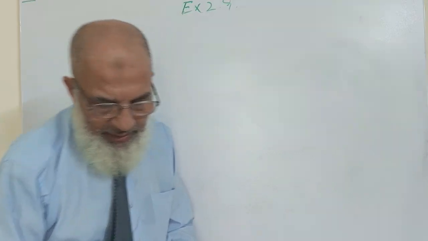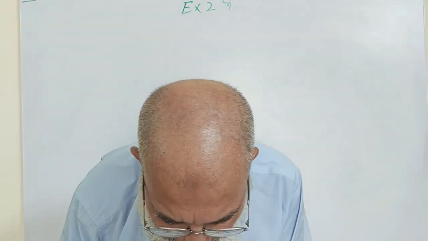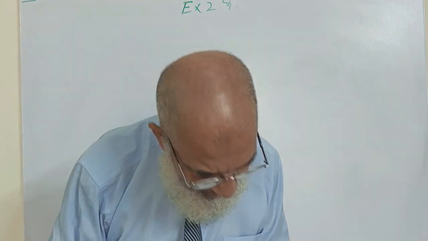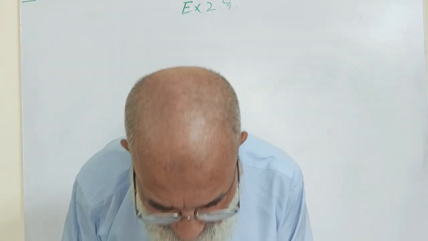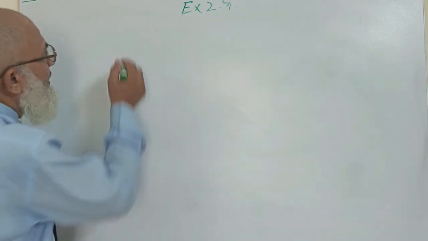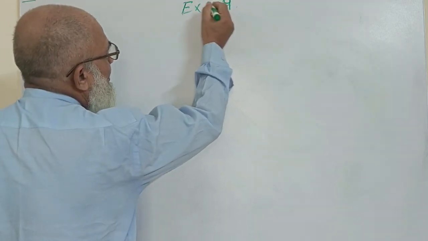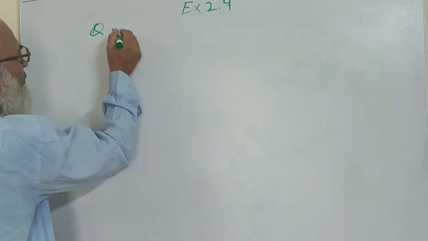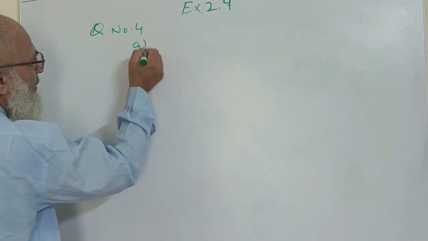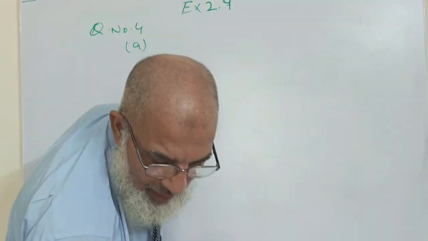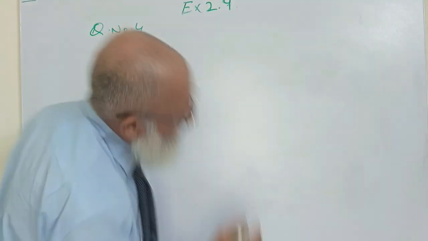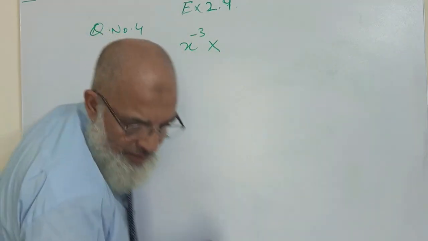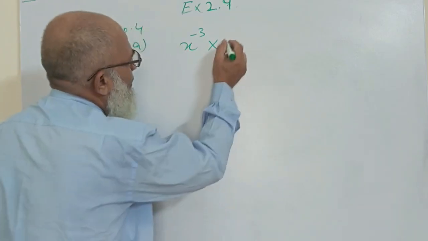Last question of the exercise is coming up. Simplify, write your answer using only positive indices. So it is just like question number 3, but still we have to do question number 4, part A, x minus cube multiplied by x4.